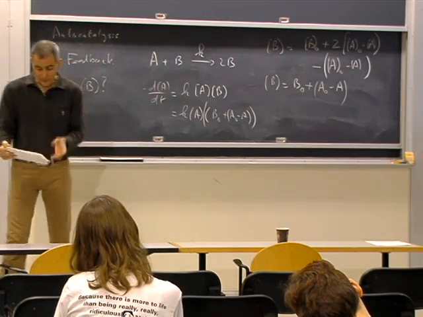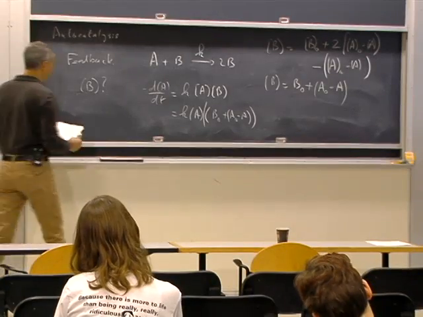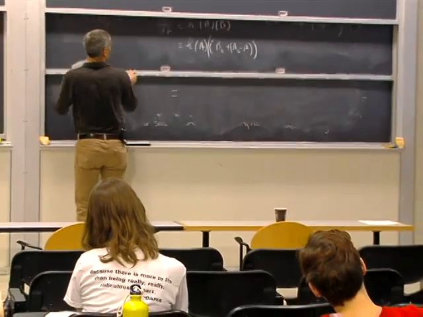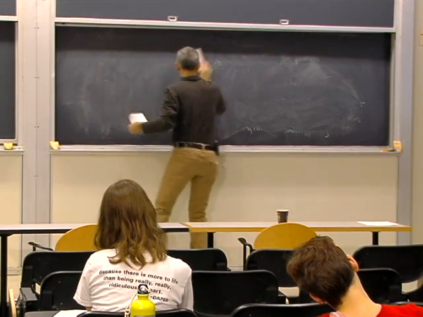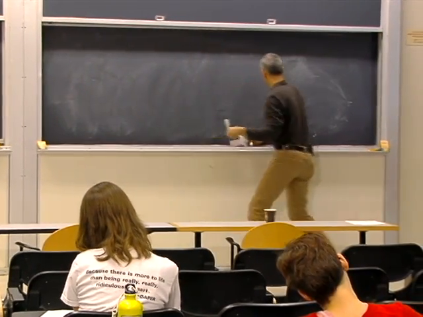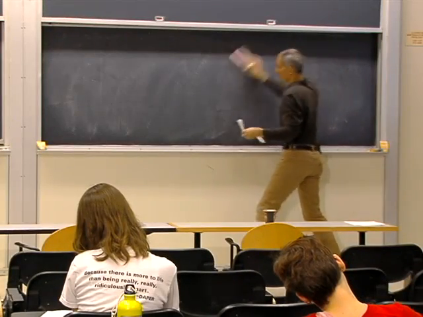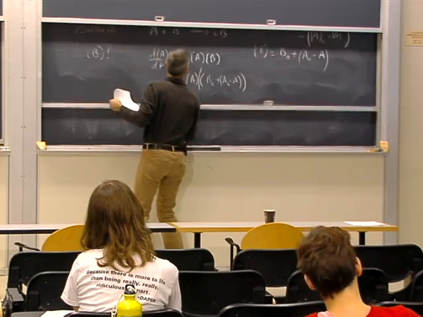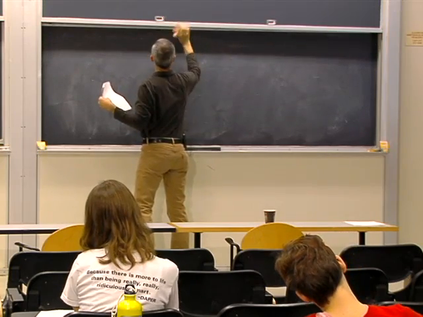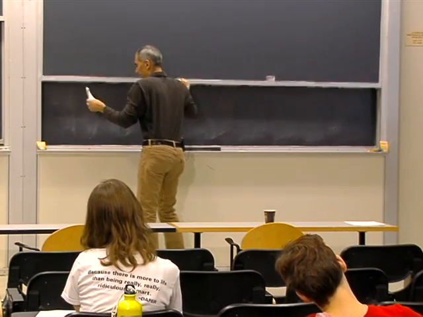And the way you solve that is by partial fraction. Use partial fraction, solve for this. And I'm not going to go through the math of solving for it. It's not that interesting. Let me give you the answer.